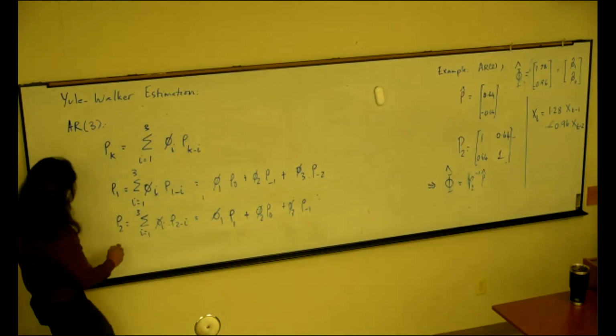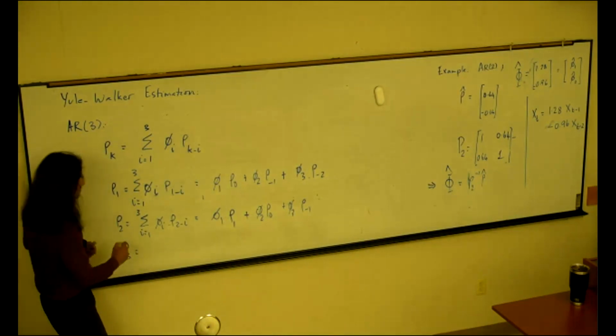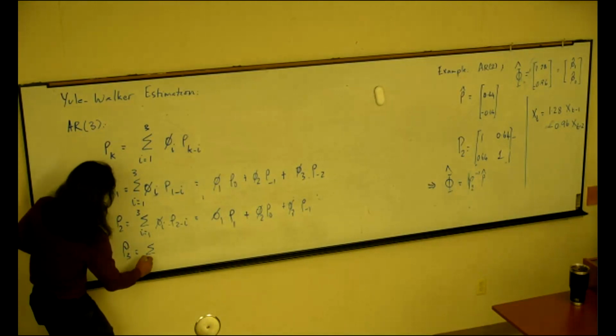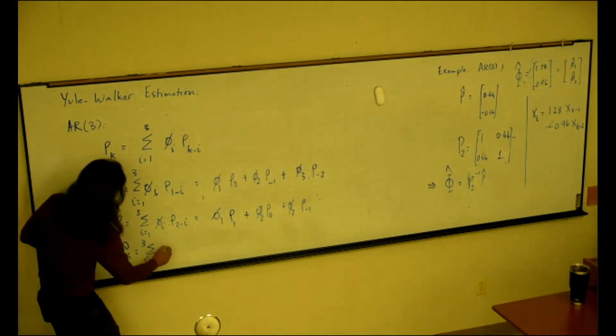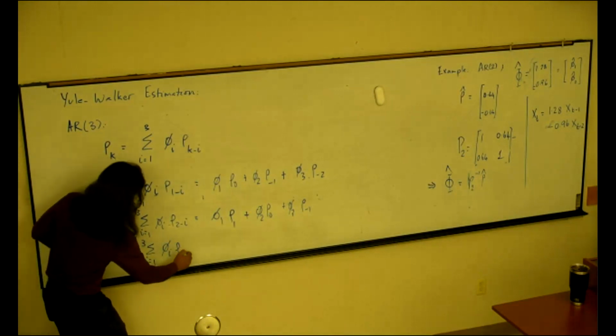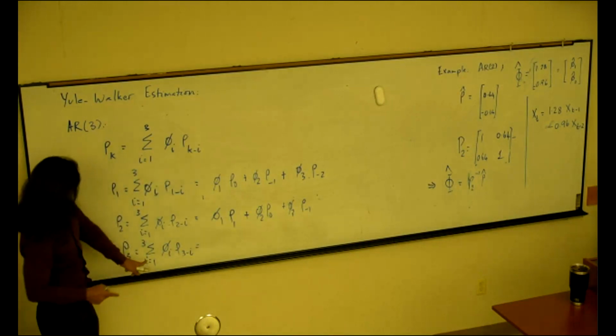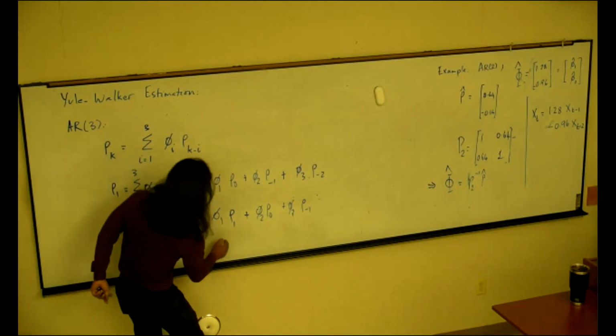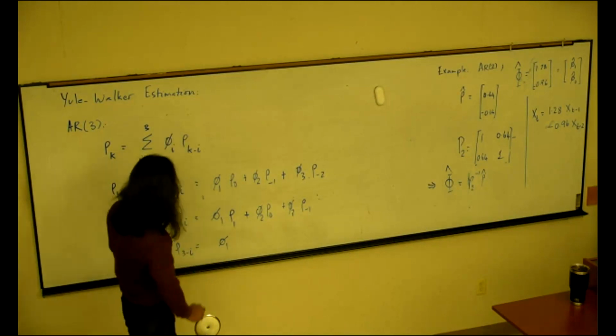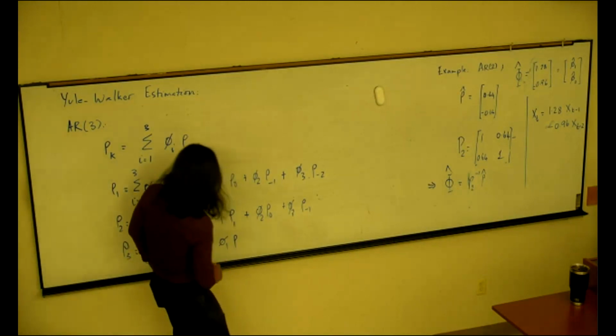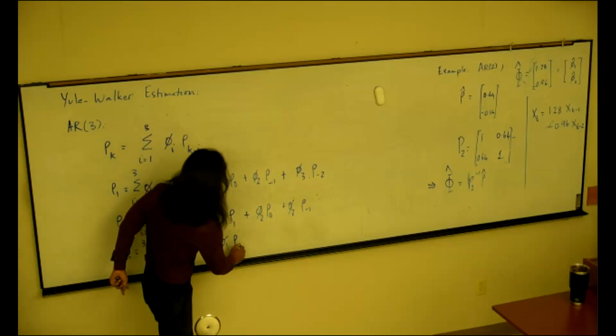One more case. Row 3, sum i equals 1 to 3, phi i, row 3 minus i. When i is 1, we'll have phi 1, 3 minus 1, row 2.